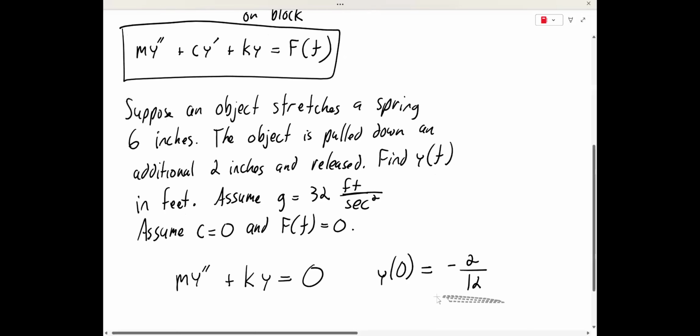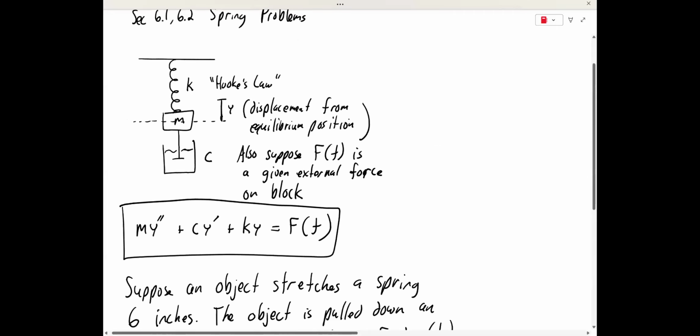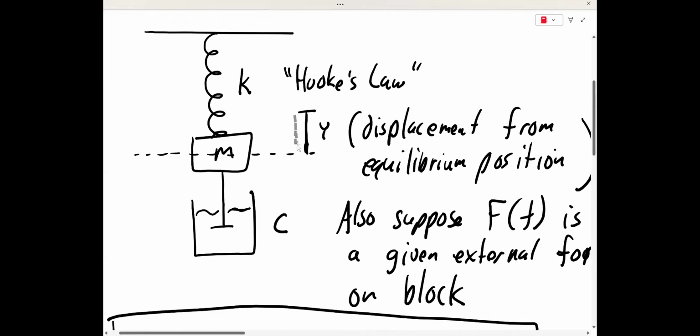So we have y of 0 is equal to this. And the down is because it's negative. Like in the picture here, up is positive y and down is negative y. So if I pull this down 2 inches and then release it, the initial displacement would be negative 2 over 12 then, if it's in feet. Okay, so anything there so far?